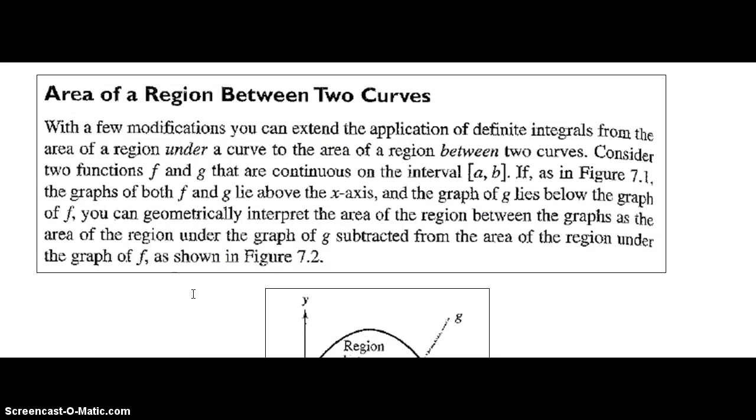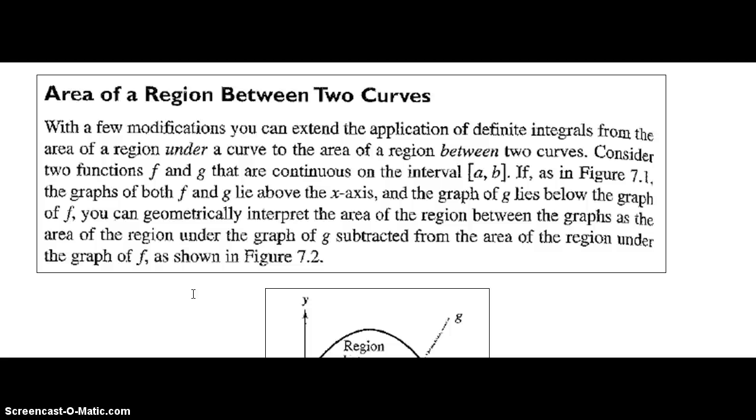So if I go to the Unit 8 notes, here's the definition of the area of a region between two curves. I'm going to read it. With a few modifications, you can extend the application of definite integrals from the area of a region under a curve to the area of a region between two curves. Consider two functions, f and g, that are continuous on the interval from a to b.